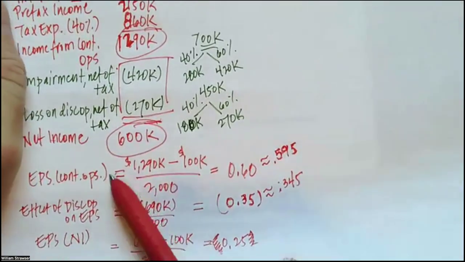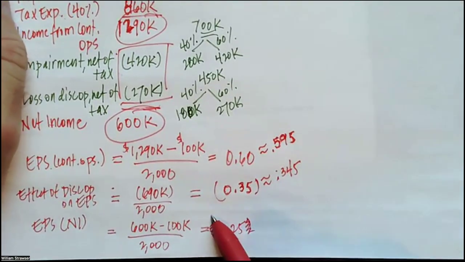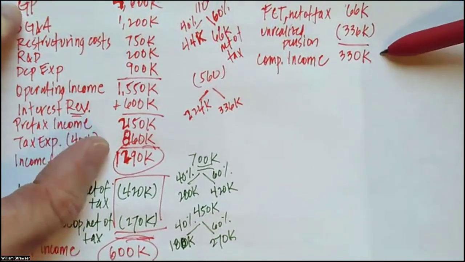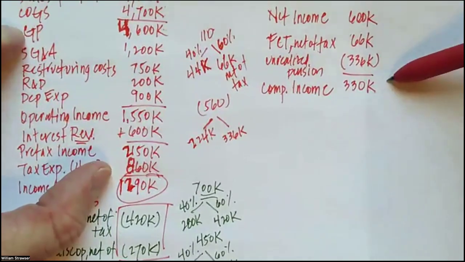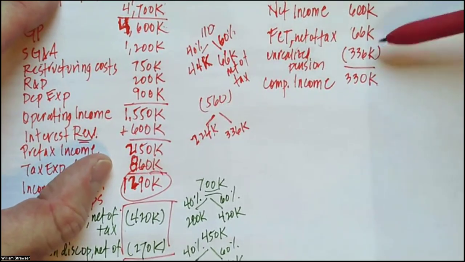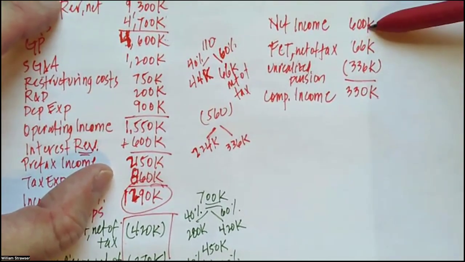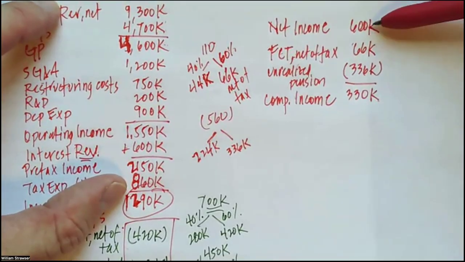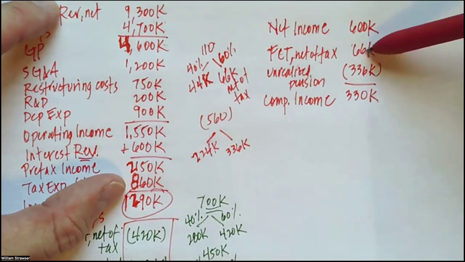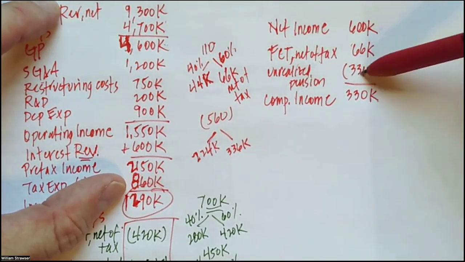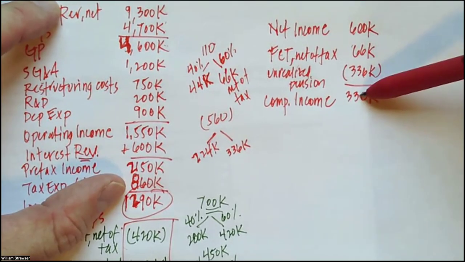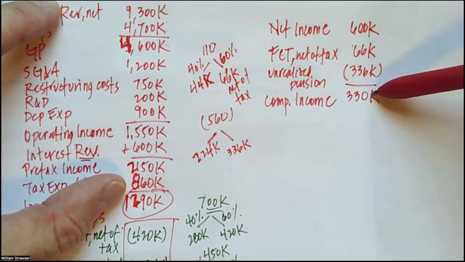Now notice that none of these EPS involve comprehensive income, and we don't want them to. Remember that investors are not keen on watching for comprehensive income. Say net income is 10 million and they had a $30 million loss in their comprehensive income, so it came out to a comprehensive loss of 20 million.